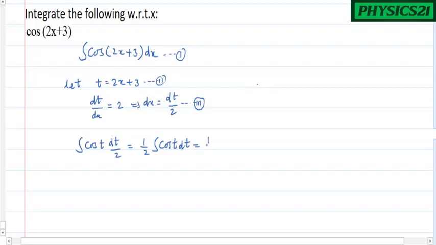Integral coefficient of cos t will be sin t plus c. Now return the value of t, so it is 1 by 2 sin(2x plus 3) plus c. That will be the integral coefficient of the given function with respect to x.